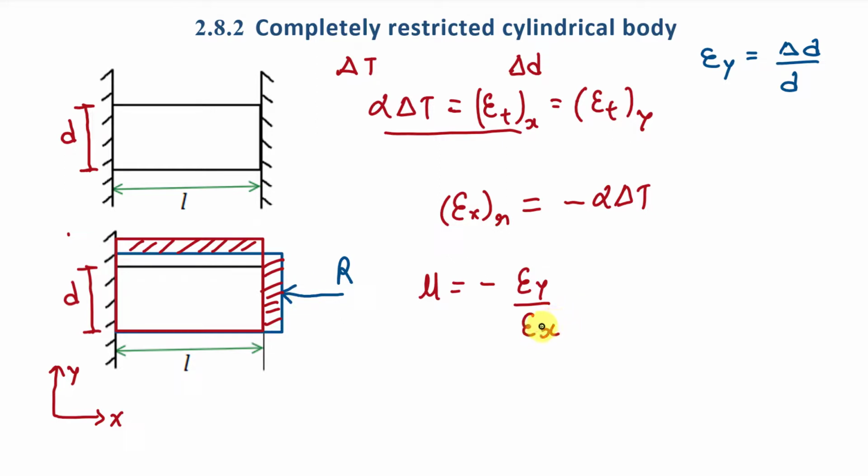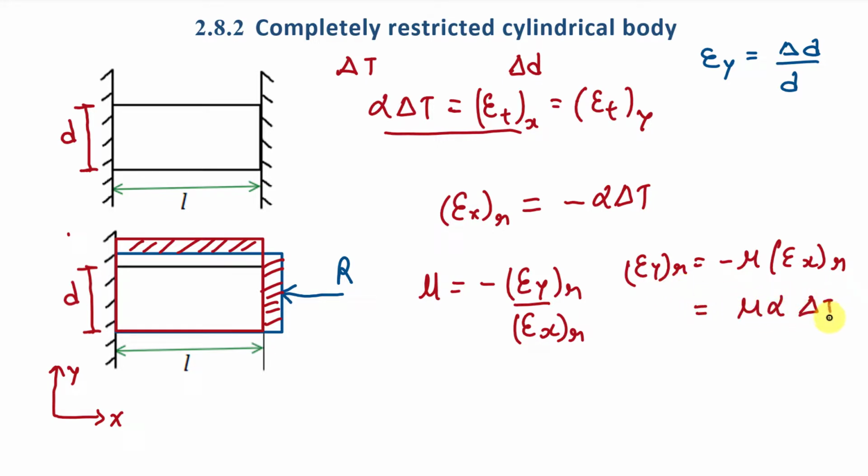Now at this time, let's say this epsilon x is epsilon x R and this epsilon y is epsilon y R. So from here we can find out epsilon y R. Epsilon y R will be equal to minus mu into epsilon x R. And we know the value of epsilon x R. It is minus alpha delta T. So we will have the value of epsilon y R equal to mu alpha delta T. Fine.